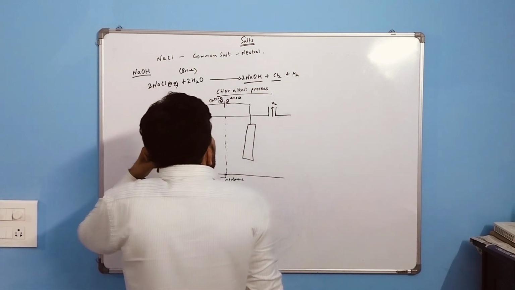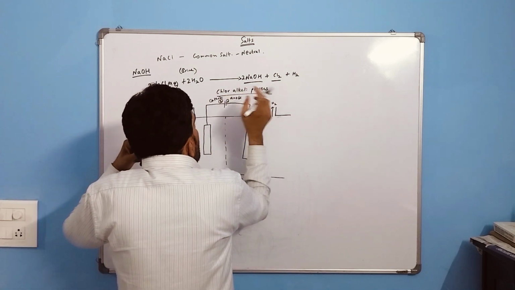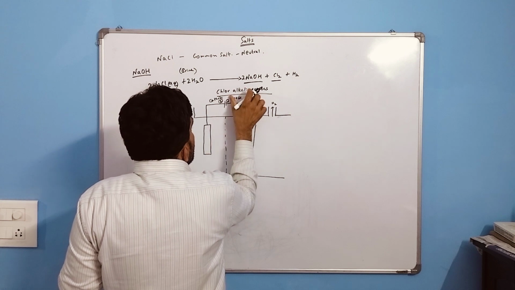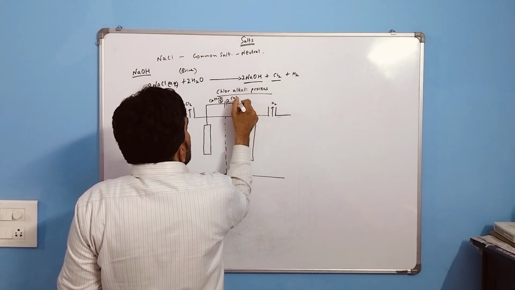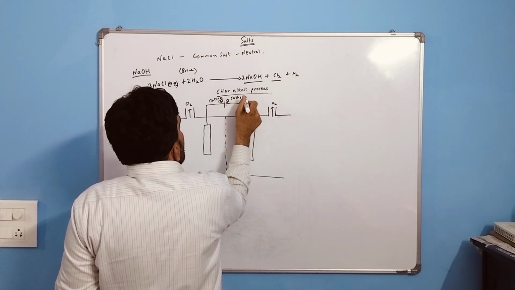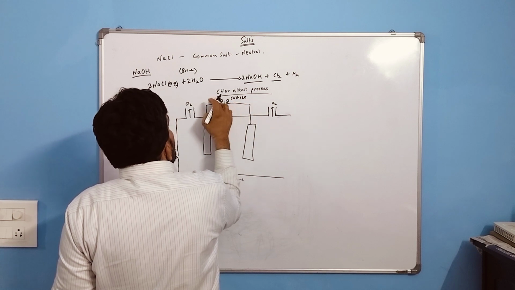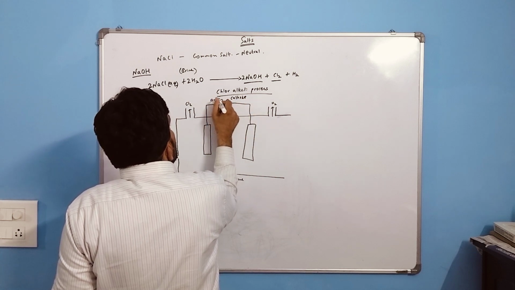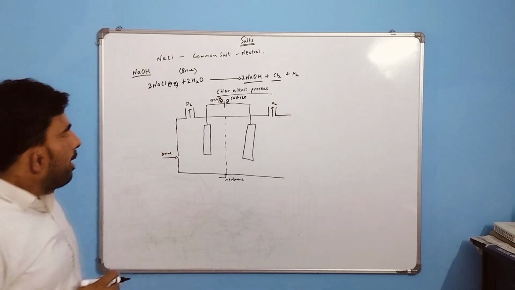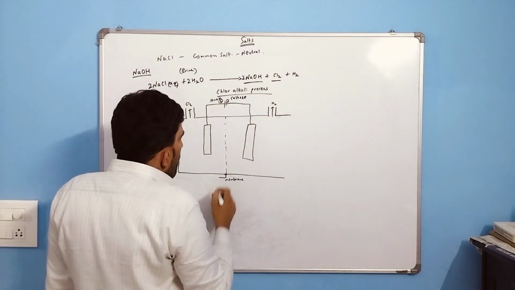We all know, I think we have written a wrong thing. Here it will be cathode, and here it will be anode. Anode is positive and cathode is negative. These two electrodes I am using.